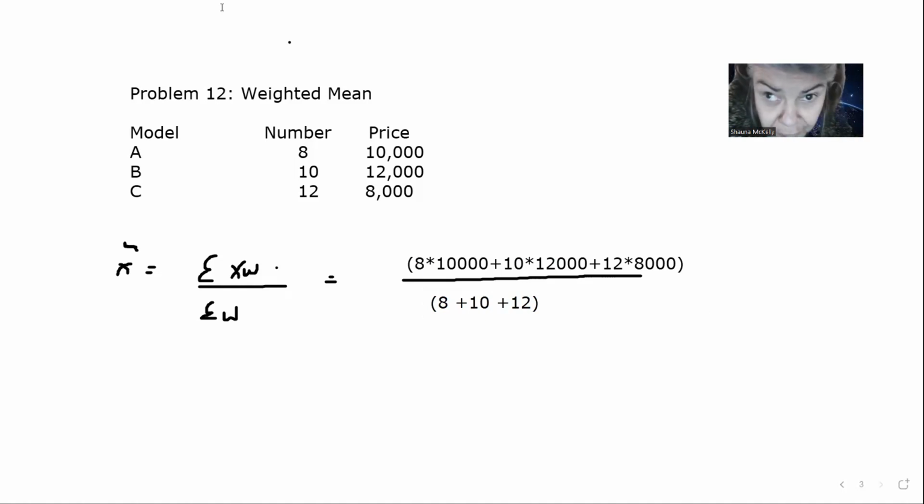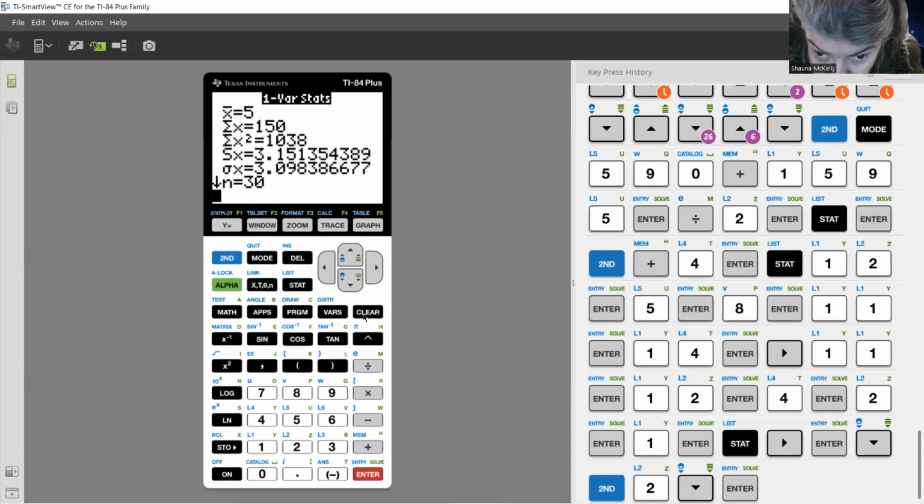So we have the following. I'm going to clear this out.